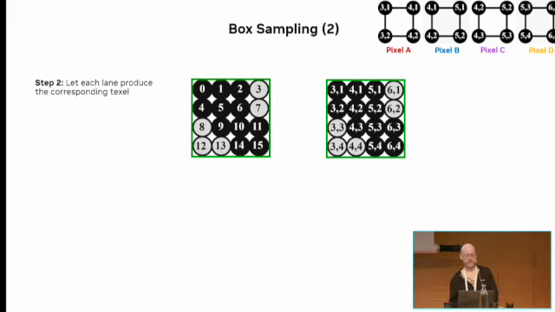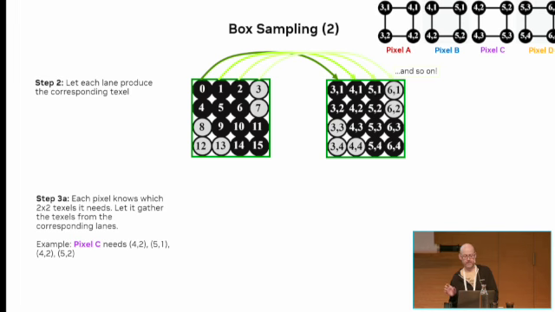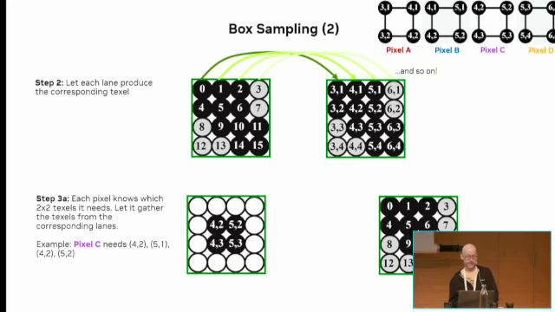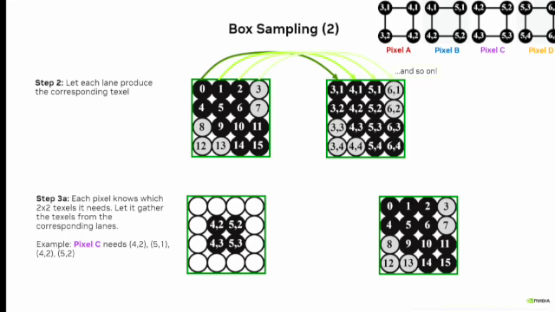So step 2 is to let each lane produce a corresponding texel. We use this mapping function that I told you about. So lane 0 produces texel 3, 1, and so on. And when all lanes have produced their texels, we need to let each lane fetch the 2 by 2 texels it needs. So for example, for this pixel C, we need these 4 texels, and then we use the inverse mapping function.